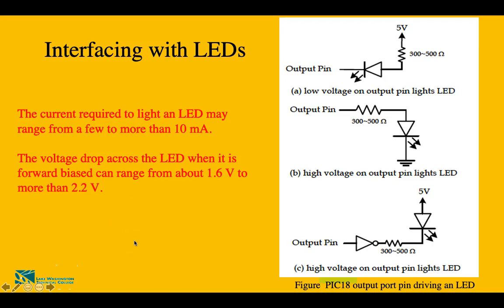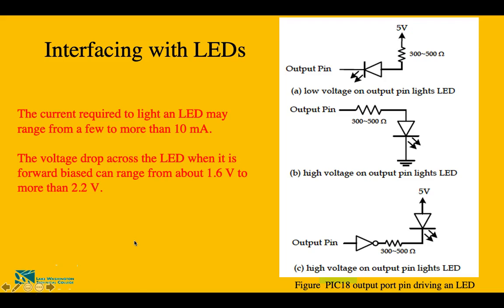Now next we have interfacing with LEDs. In many embedded systems, it requires simple input-output devices such as switches, LEDs, potentiometers, keypads, or 7-segment displays. When you interface the LED, the purpose could be anything.